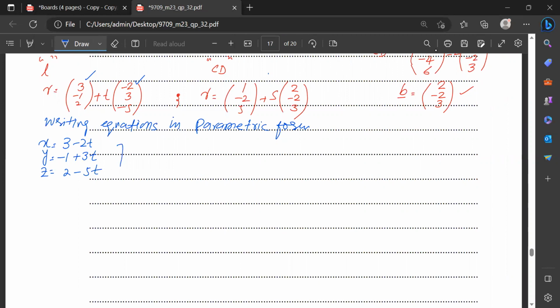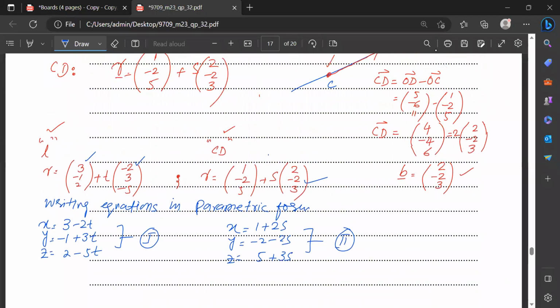You can label this set as 1. And the second, again you can write the parametric form for the line CD: 1 plus 2 into s, minus 2 into s, and the last is 5 plus 3 into s. This set I can label as 2.